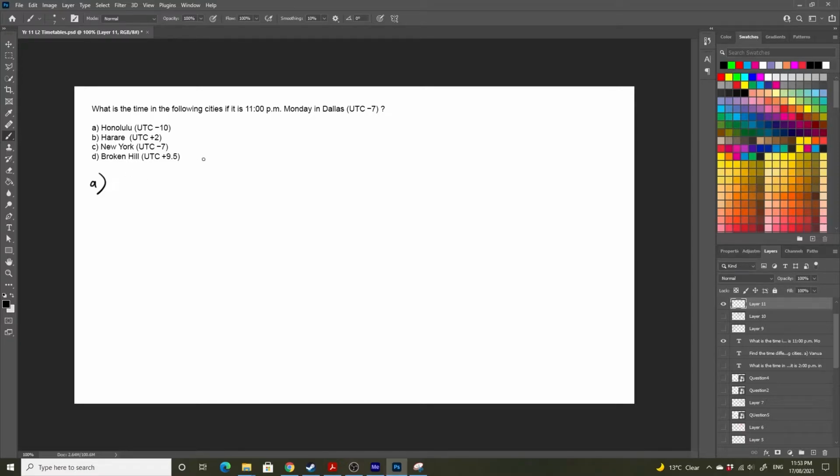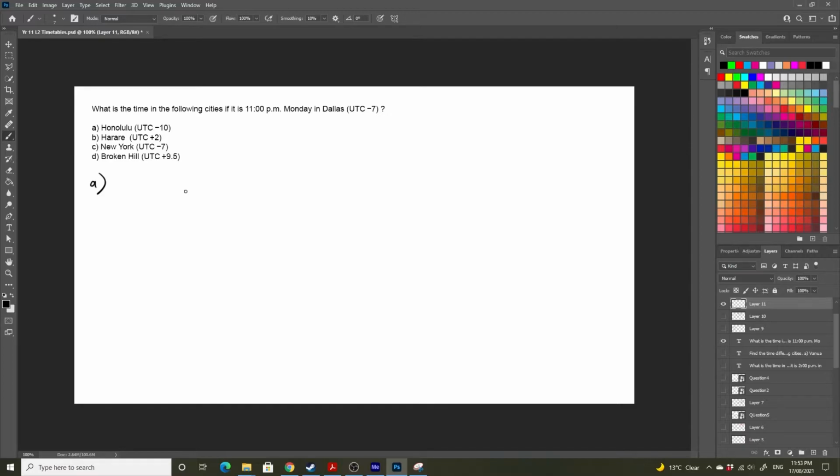So one easy way to think about this is if we go from Dallas, UTC minus 7, to UTC, we have to add 7, and then to go back to Honolulu we'd have to minus 10. So that results in ultimately going back 3.